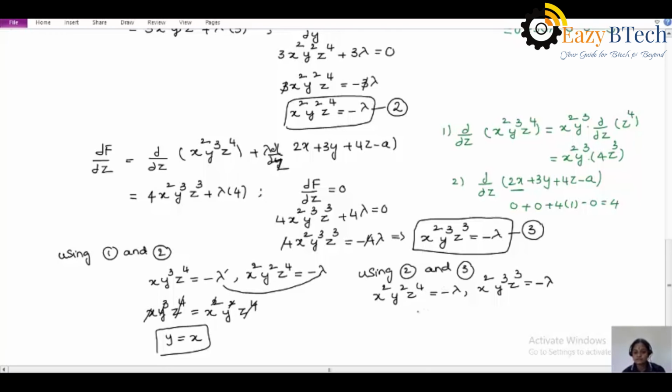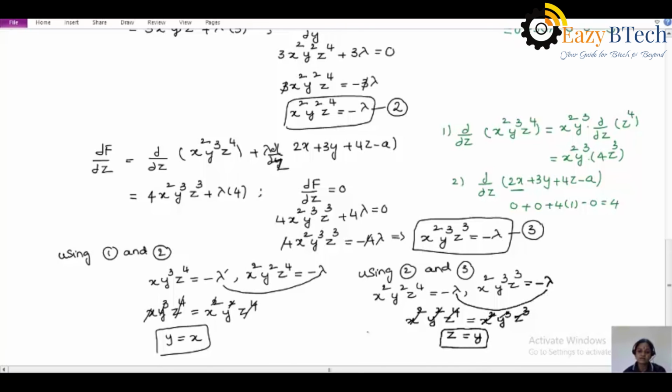Using these two equations, RHS parts are equal, so equating LHS parts: x²y²z⁴ = x²y³z³. So x² will be cancelled, one y will be cancelled, and one z will be cancelled. Finally you will get the answer z = y.